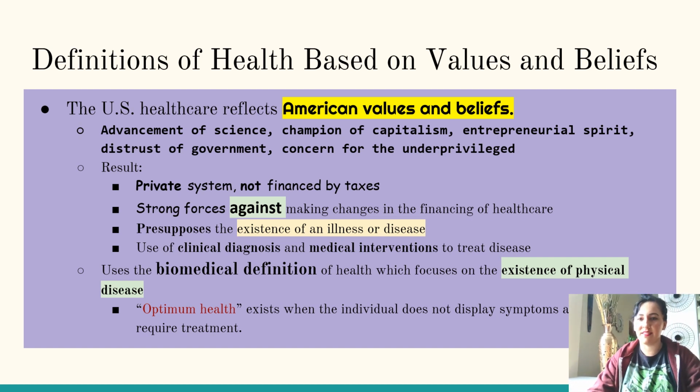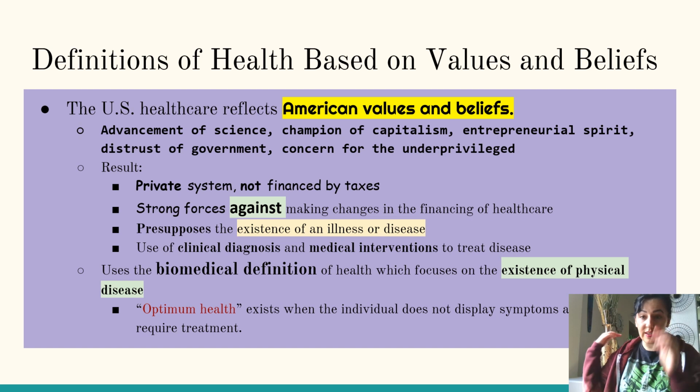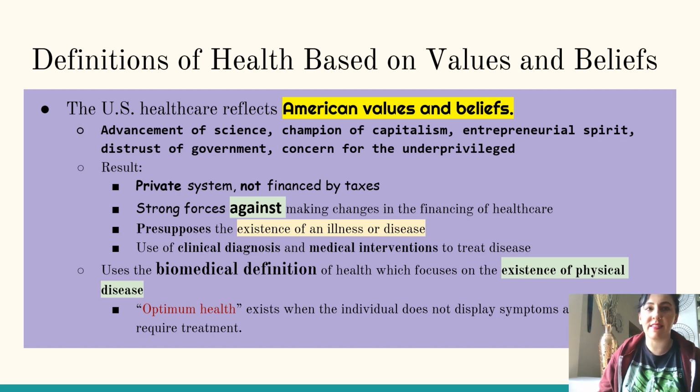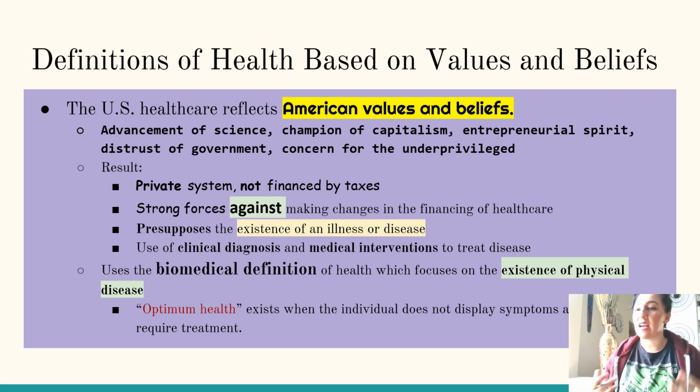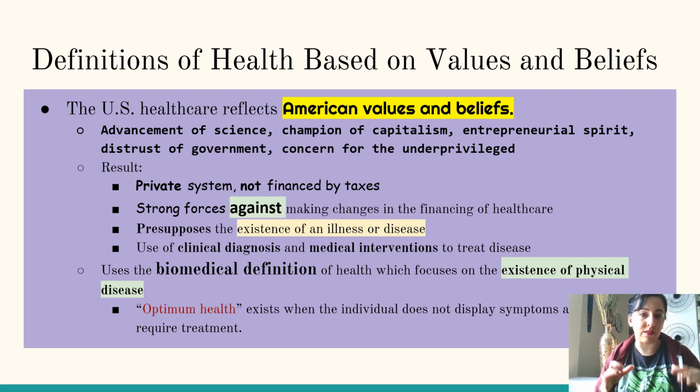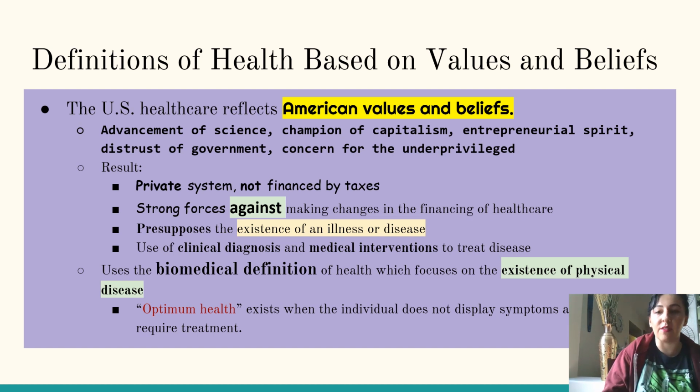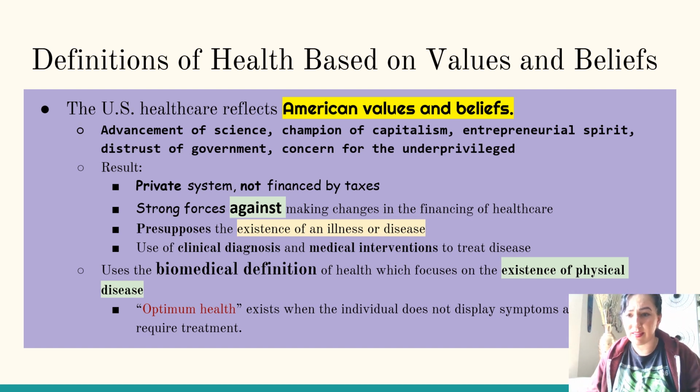We have strong feelings about making changes in the financing of healthcare. Especially in the past, we've always been somewhat against having some sort of national health insurance system. Okay, so this whole Medicare for all thing, this idea has been floating around for 100 years. But the forces against that idea have been stronger than the people who have been for it and who have been trying to make something like this happen.